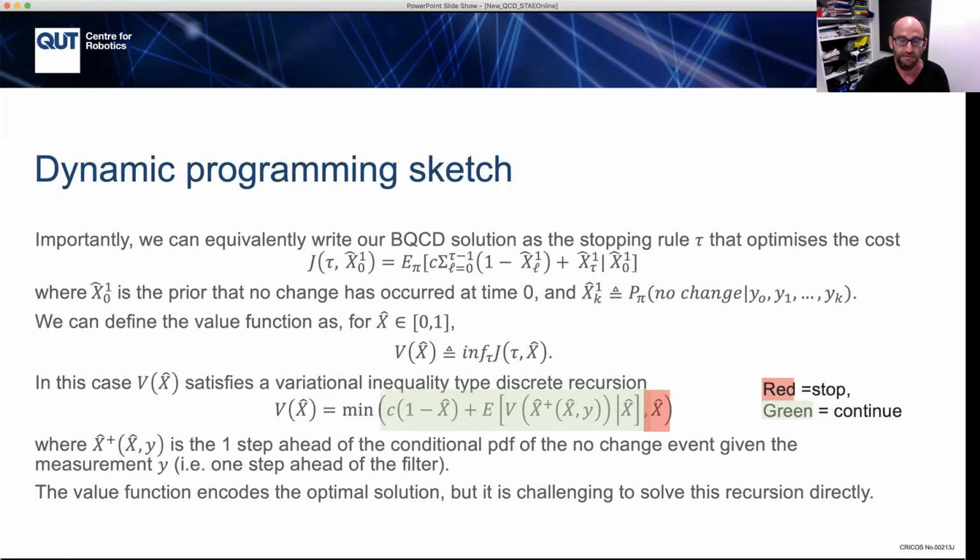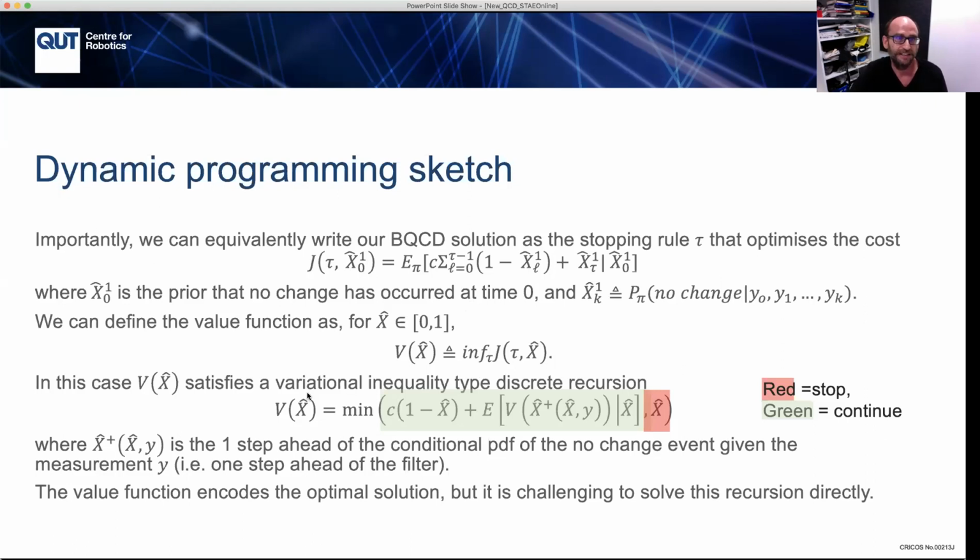So it's the conditional probability of no change. You can define a value function as the minimum value of that cost, over the possible stopping rules you could choose.